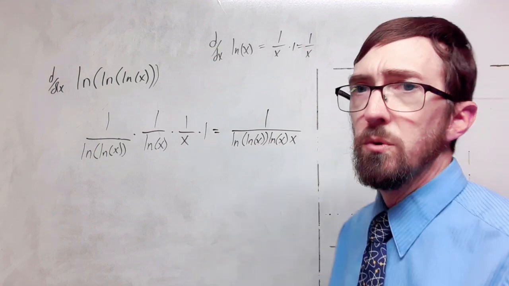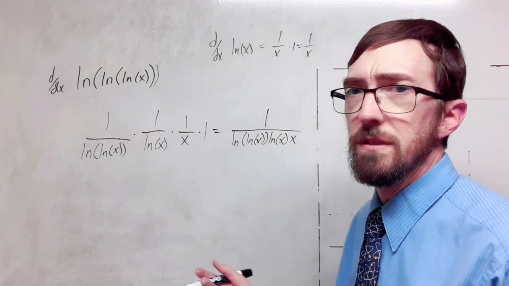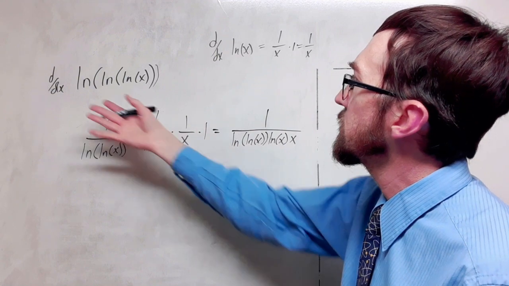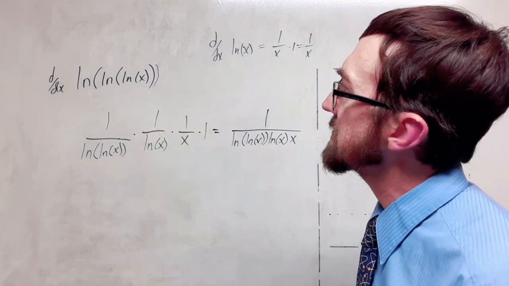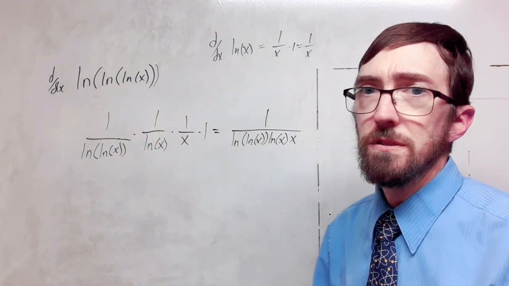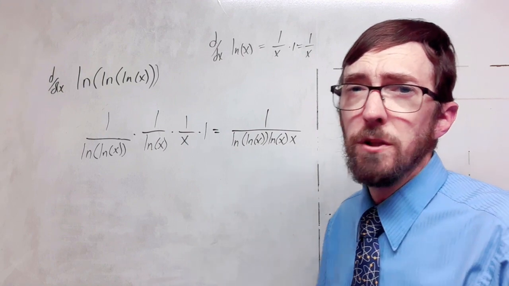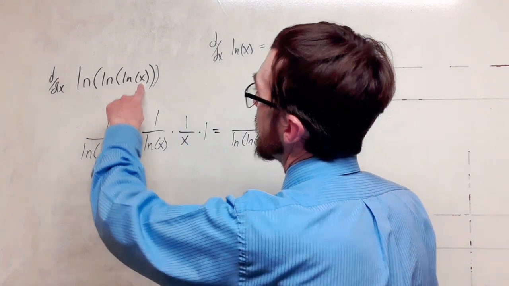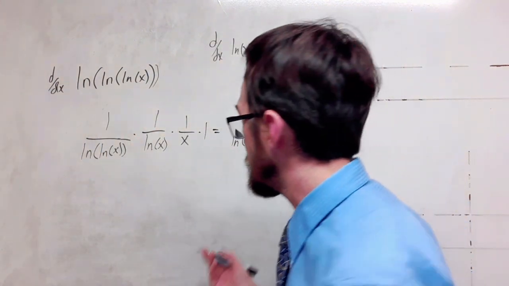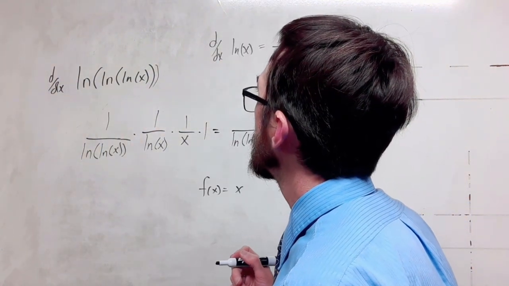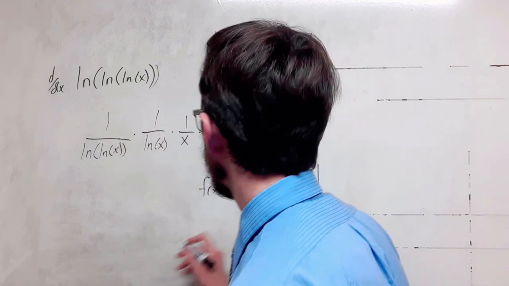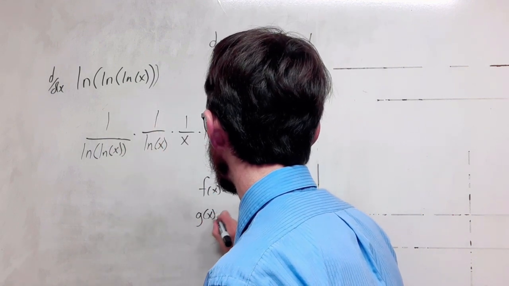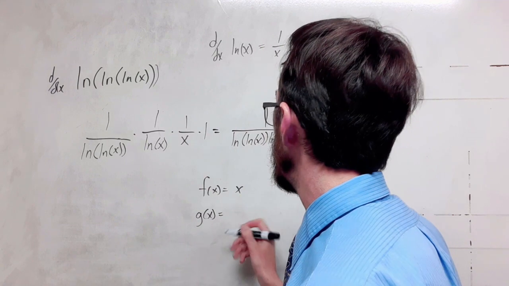One of the things that's important to identify when you're doing something where you have all these nested functions is to try to figure out how many functions you even have. So x could potentially be a function all of its own. Then we have another function in here, which is the log of this.